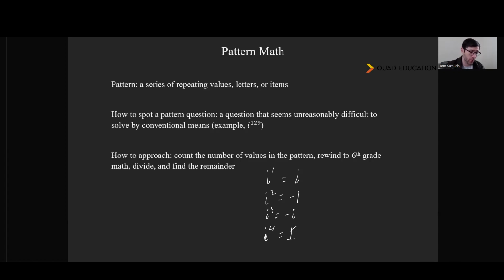And so how do we get to i to the power of 129? Well, i to the fourth is 1, and then you would go i, -1, -i, 1, so i to the 8th would also be 1. And then i to the 12th is 1, and going on and on and on. Every multiple of 4 as an exponent for i is going to be 1.